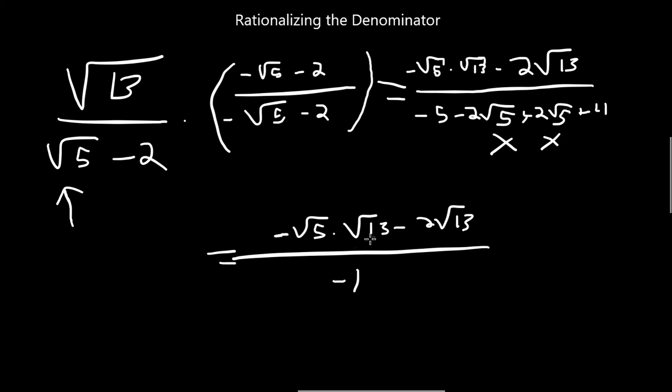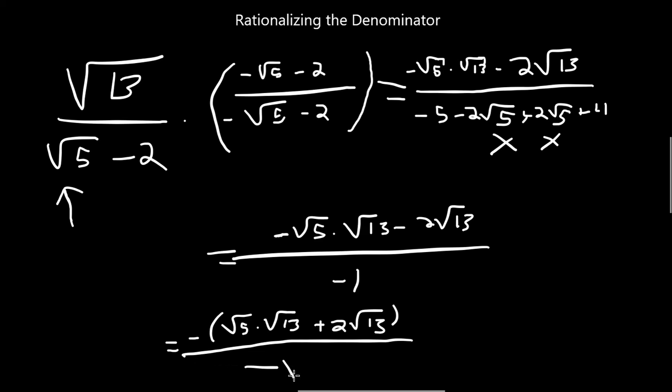Now I notice here that all these minus signs, I can factor them out in the top to get negative square root 5 times square root 13 plus 2 times square root 13 divided by negative 1.